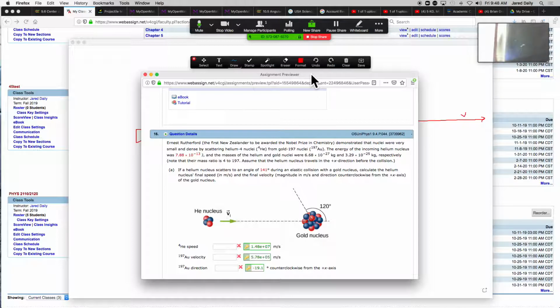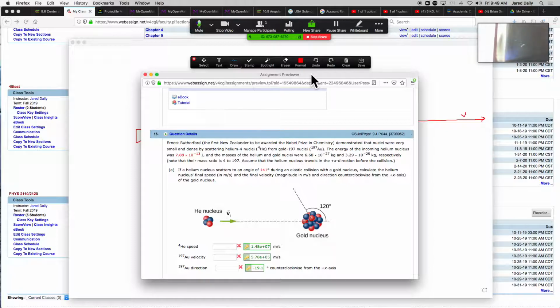Ernst Rutherford, who was a physicist in New Zealand, was trying to discover what atoms had at their core.